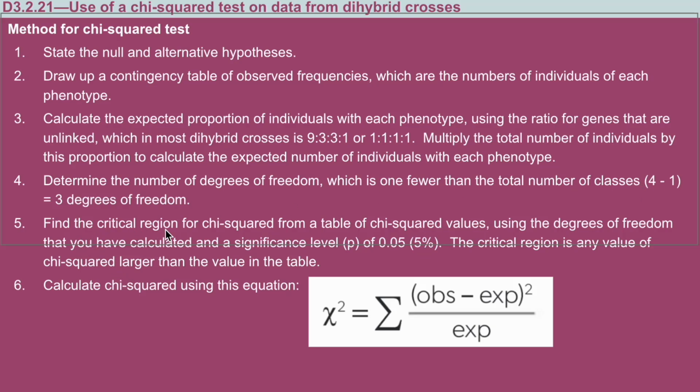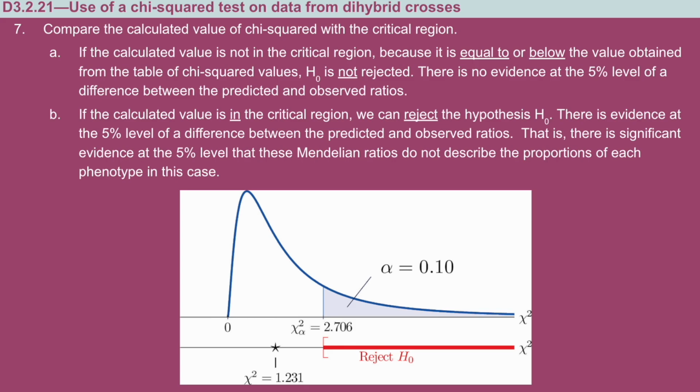We'll find the critical region by looking at a table of chi-squared values, and then we'll use our chi-square equation to calculate our chi-squared value and compare it to our critical value. Once we compare it, if the chi-squared value is not in the critical region because it is equal to or below the value obtained from the table, we fail to reject the null hypothesis.